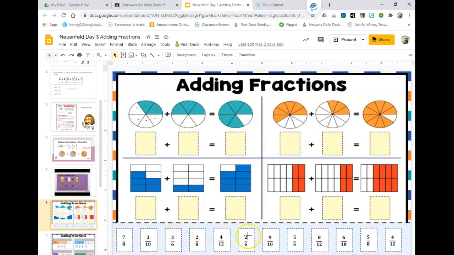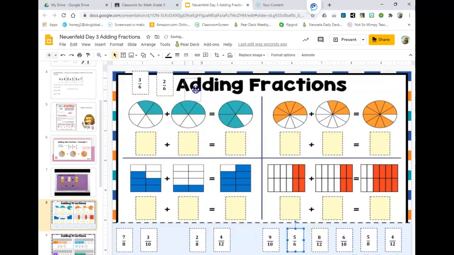We have some choices down here of fractions that have the denominator of 6. I'm just going to go ahead and drag these up here just so we can see them. You can leave them down there if you like, but I know that these fractions are going to be the ones that I'm working with today. Now, since our denominator is 6, how many parts are shaded in this first fraction? 1, 2.